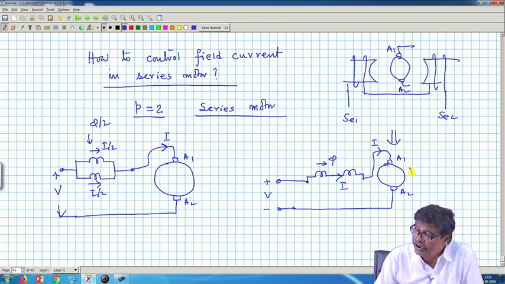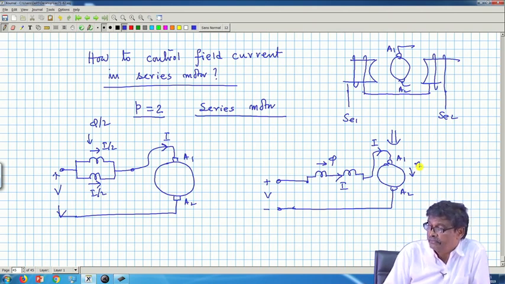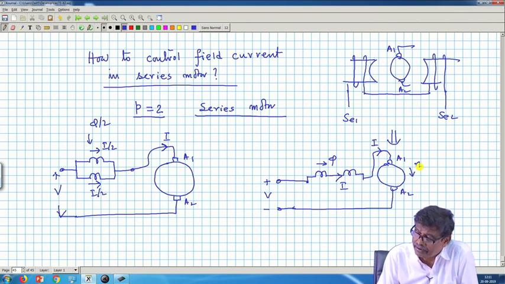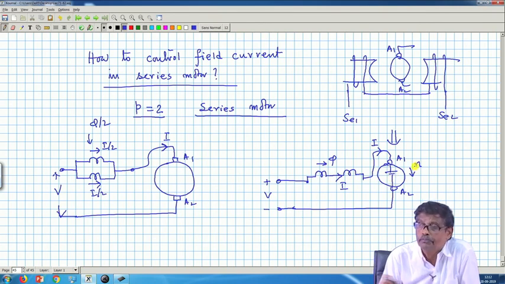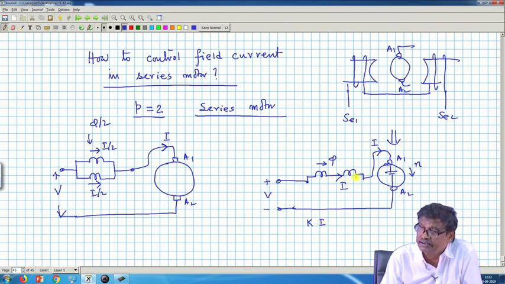In this case, you find the machine is running at a speed n. This motor in this fashion is observed to run at a steady state speed n. What is this speed? I will straight away write, if these resistances are neglected, then it is only the back EMF which will be present, and back EMF is k into phi, that is proportional to I, into n, that is equal to V in this case.